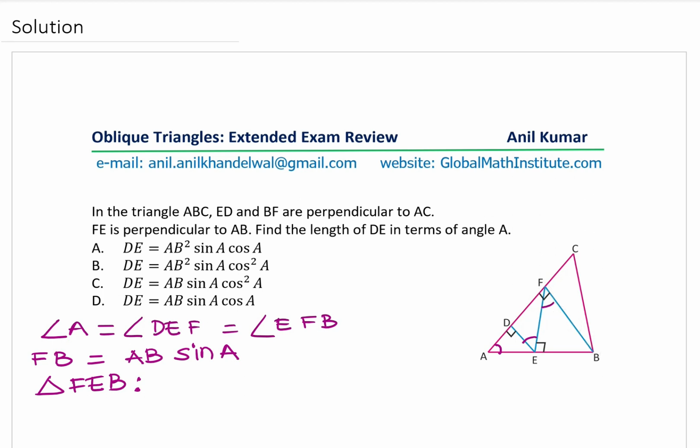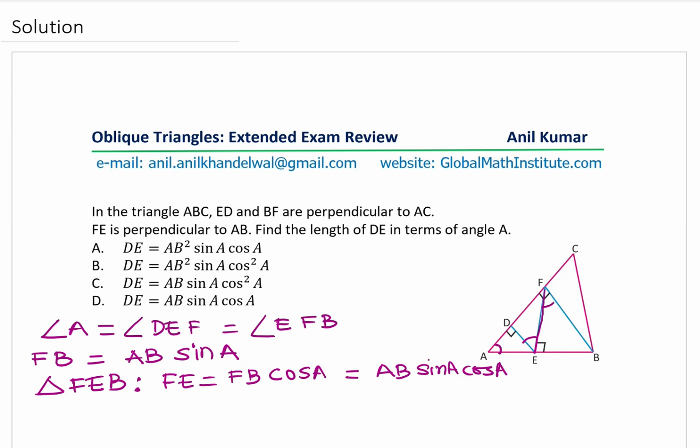So we can write FE is equal to FB cos A. But FB is AB sine A, so we could write this as AB sine A cos A. Is that clear to you? So we have got FE now, which is this side.